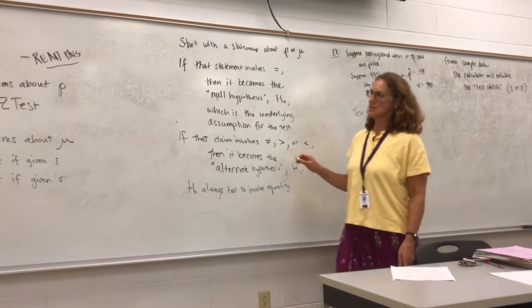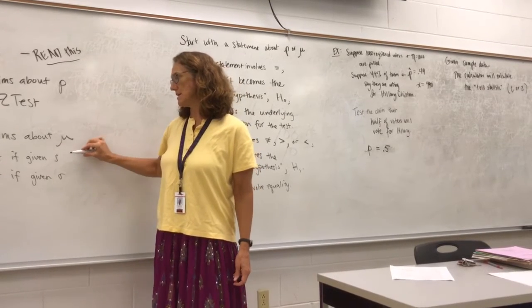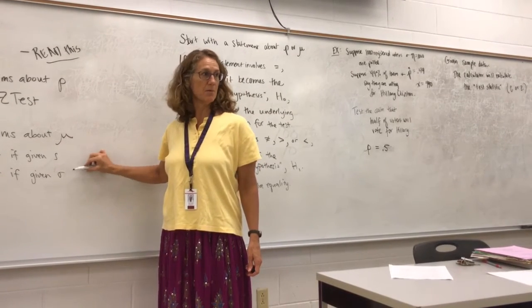In proportions, it's going to be a z-score. For means, it's either going to be a t-score or a z-score, depending on whether you're given s or sigma.